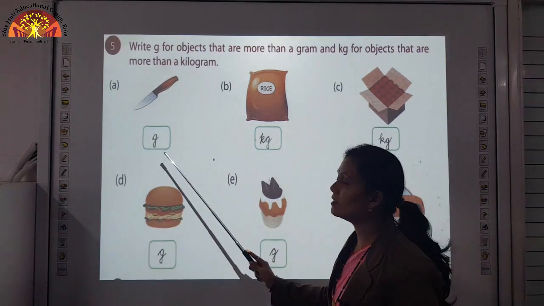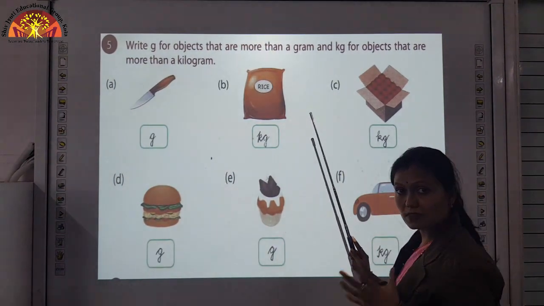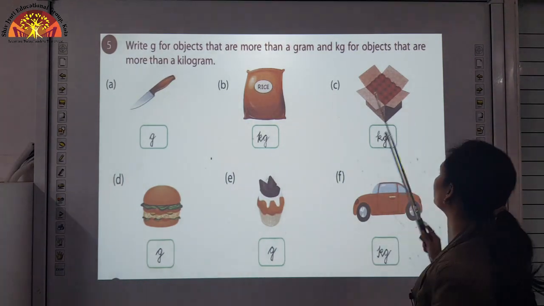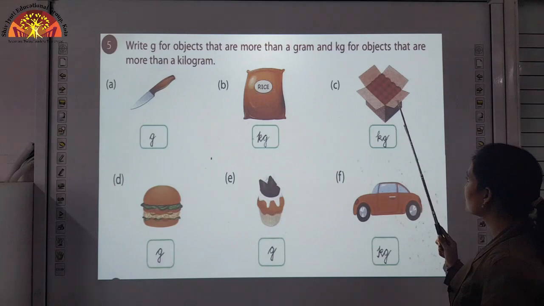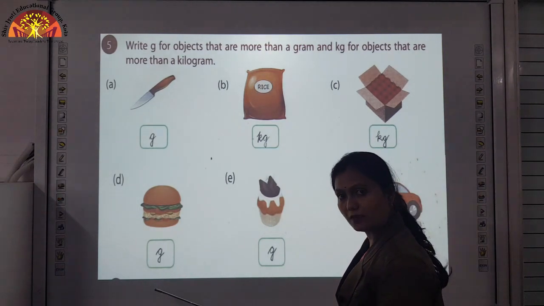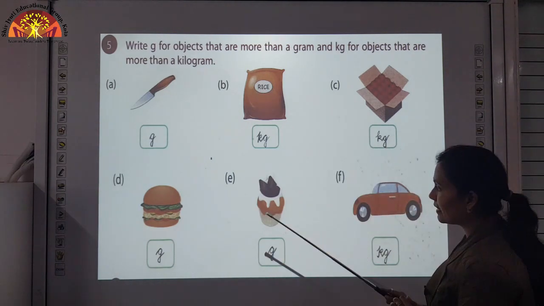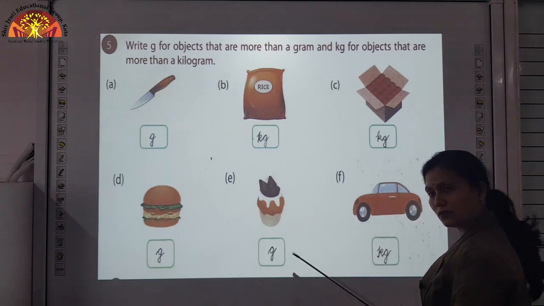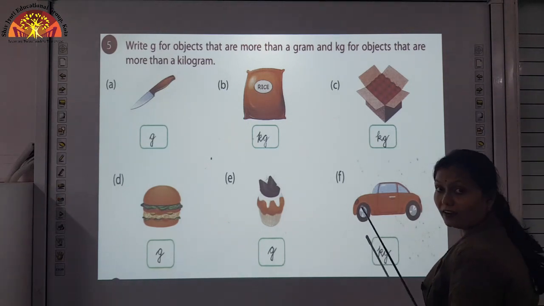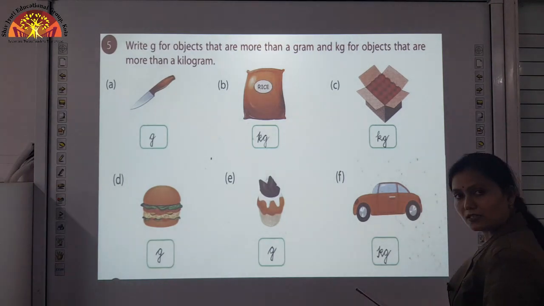So we will write here G. Sack of rice, this is heavy, so it will be measured in kilogram, kg. Next, box of fruit, kg. Burger, G means gram because it has light weight. Next, cupcake, this will also be measured in gram. This is a picture of a car, it has heavy weight, so this will be measured in kg, right?